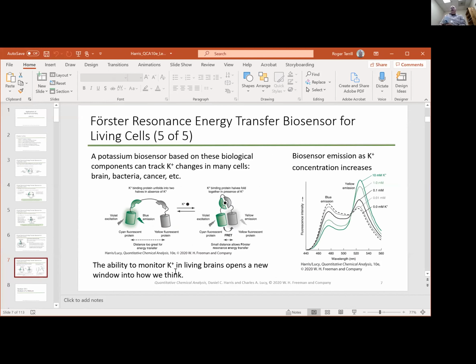But so when you have a biosensor like this, the blue emission and the yellow emission intensities are typically mixed, right? Because you have some that's emitting in the blue and some emitting in the yellow here, and there's a variability in the yellow component as a function of potassium, right?